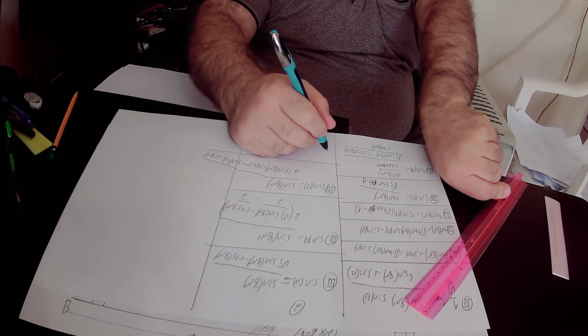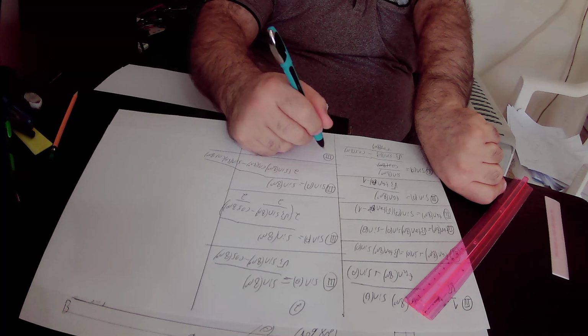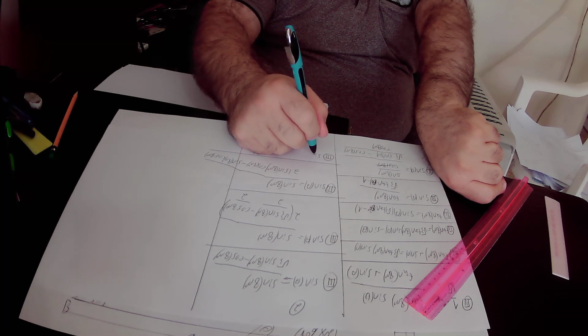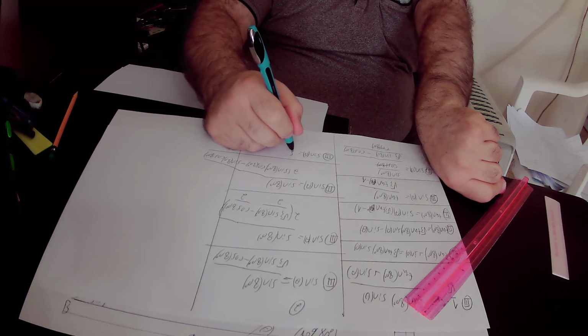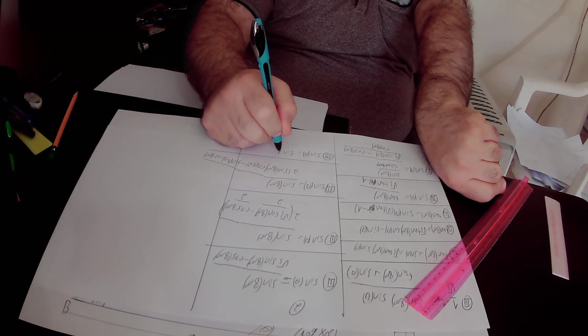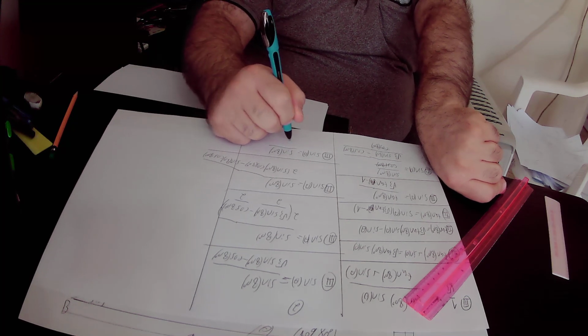So we got that according to equation number 3, sine theta equals sine 80 degrees over 2.